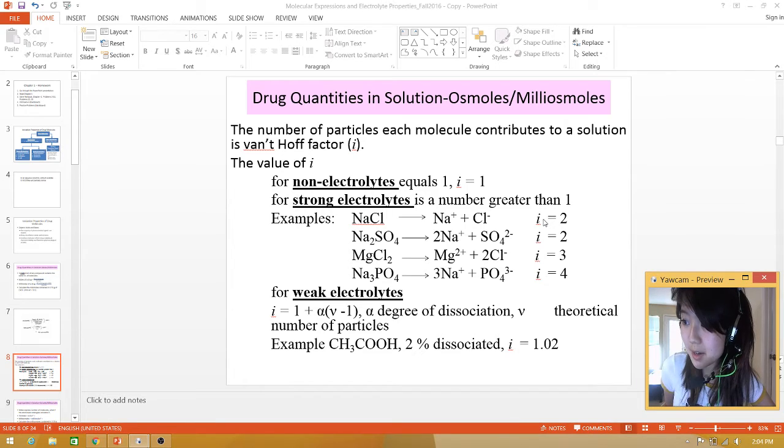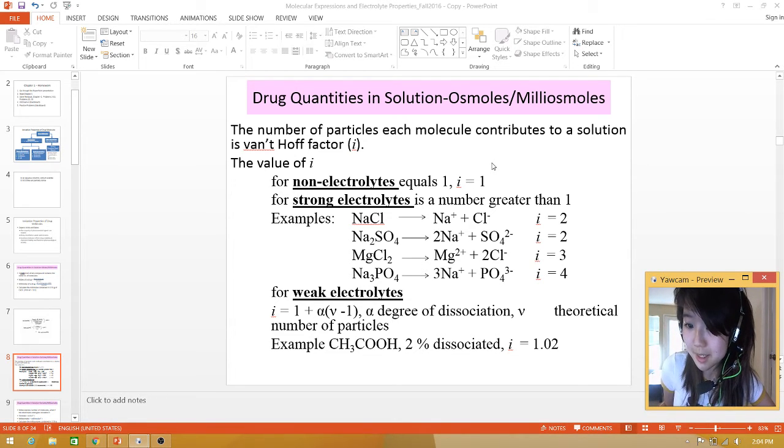In another example, the Van't Hoff factor of glucose is going to equal 1, and this is because glucose does not ionize. As a general rule, non-electrolytes are going to have a Van't Hoff factor of 1, because they do not ionize.